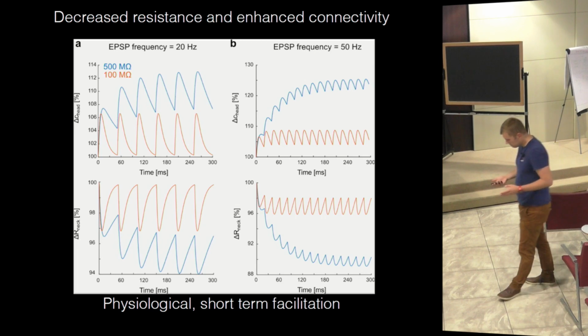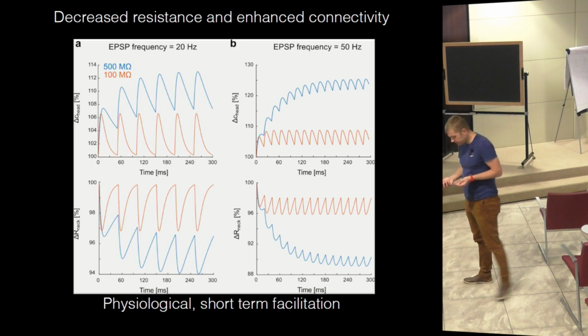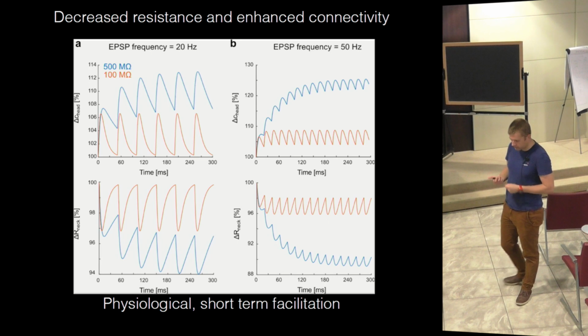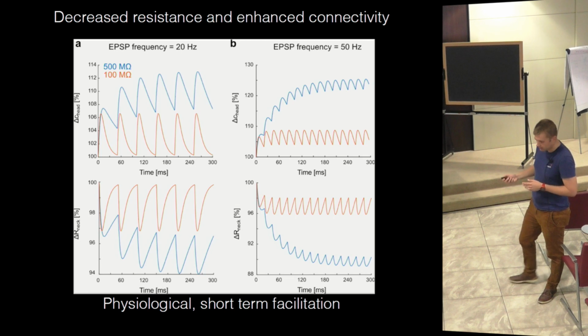So one hypothesis from all of this is that when you have sustained activity on the spine, even without any long-term potentiation, you could quite fast, in less than 300 milliseconds, already have some short-term potentiation just due to the accumulation of ions inside the spine head.